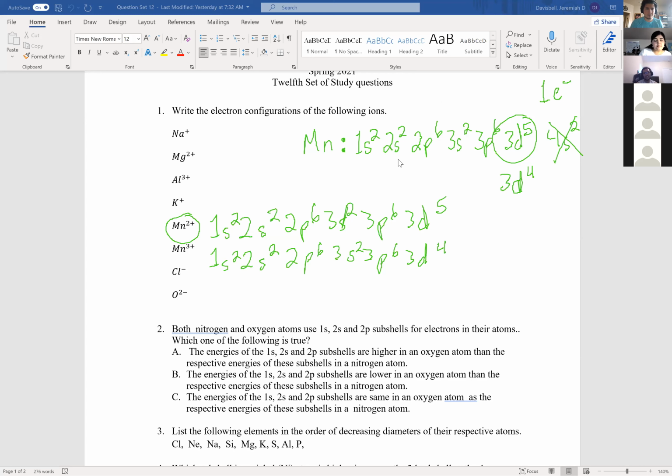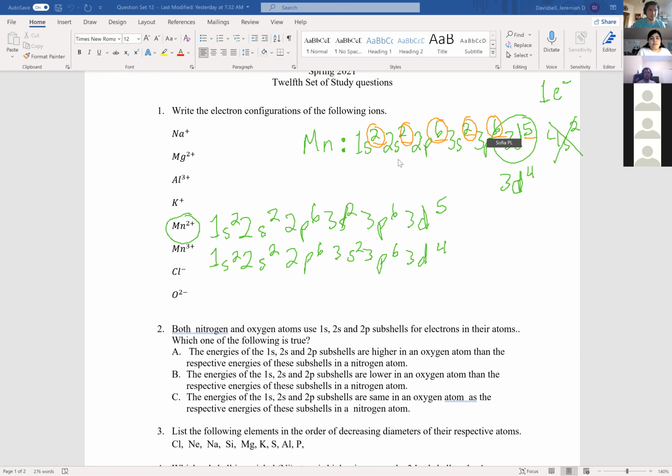When you see the numbers in front of the letters, like 1s2, 2s2, 2p6, that 2, 2, 6, 2, 6, etc., when you add those up, they should equal the number of electrons you should have in that element. For this base one, where it's 2, 2, 6, 2, 6, 5, 2, adding those up should equal 25.